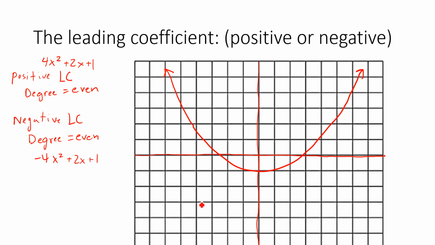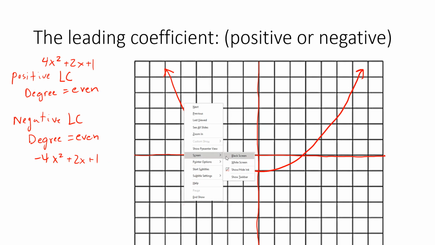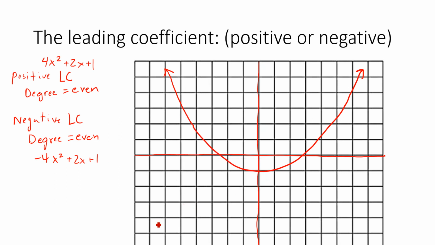Let me change the color here so that you can differentiate, although it's pretty clear which one's which. It might look like this, where both endpoints go downward. So if it's even and the first number is positive, they both go up. If it's even and the first number is negative, then both ends go down.